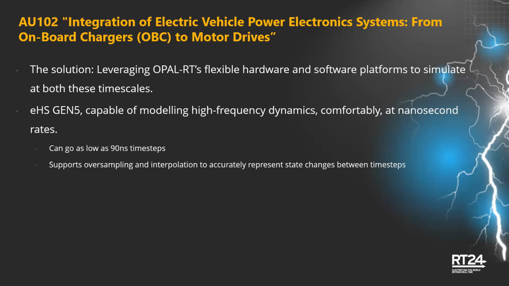So the way we are seeking to address this is one of the big breakthroughs. We released it a few years ago, but we've made it such a mature technology now. It's eHSGEN5. eHSGEN5 is a big boost to our capabilities to model very fast, high-frequency dynamics comfortably on the FPGA.